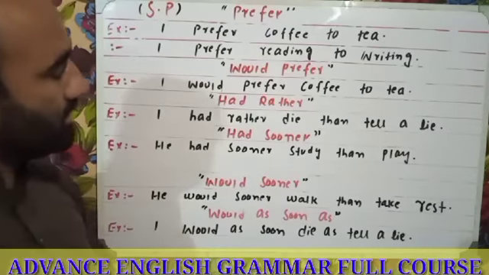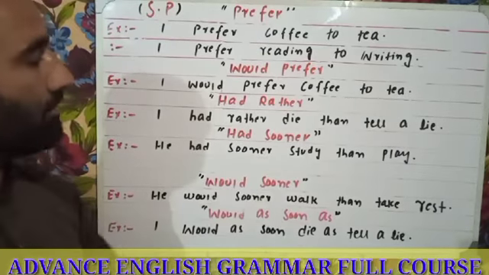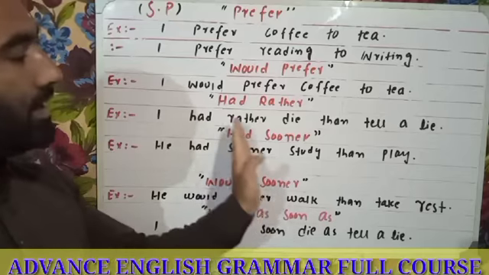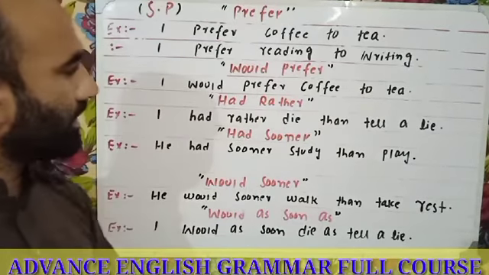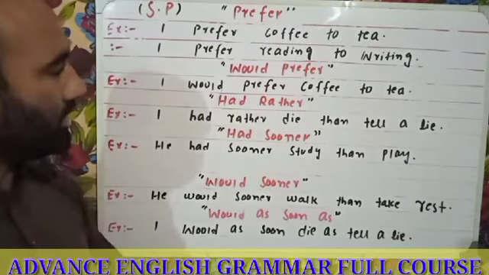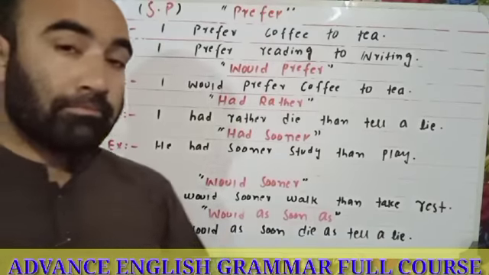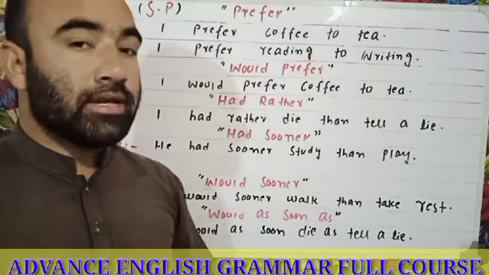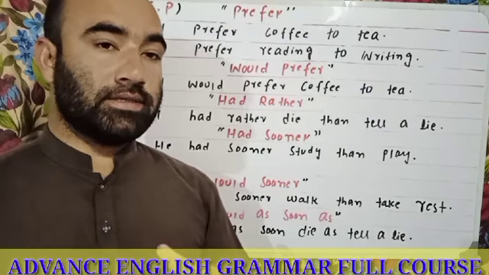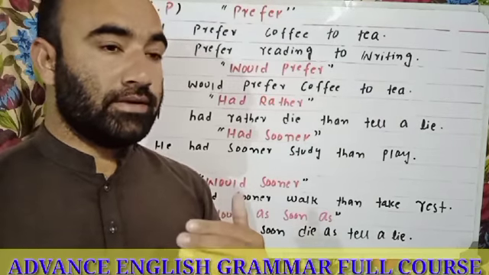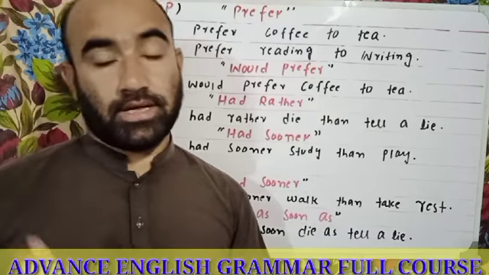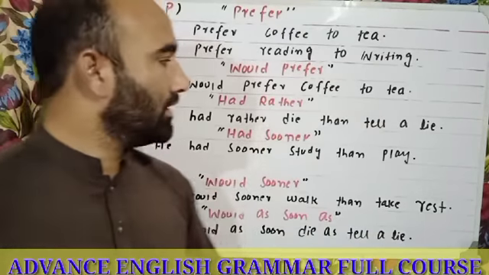And let's talk about the third method, had rather. Had rather, don't get confused, I have put had. But it doesn't mean that it will give us the meaning of the past. Not at all.